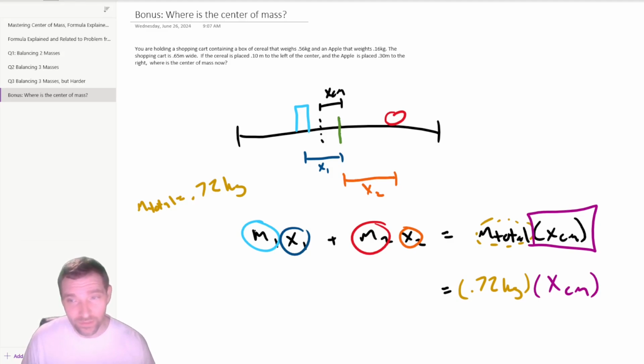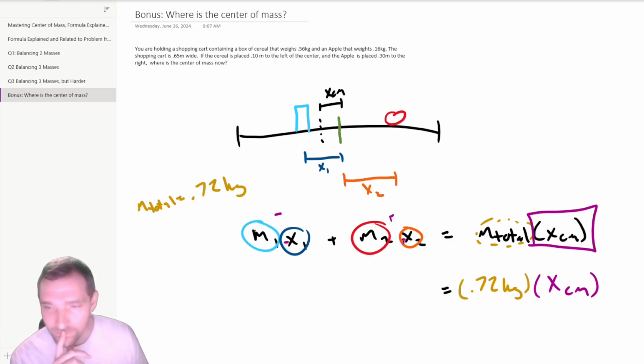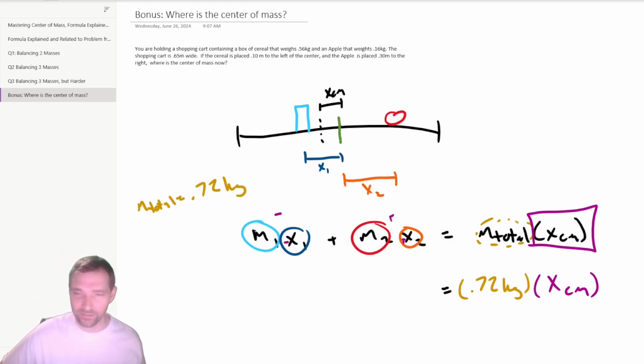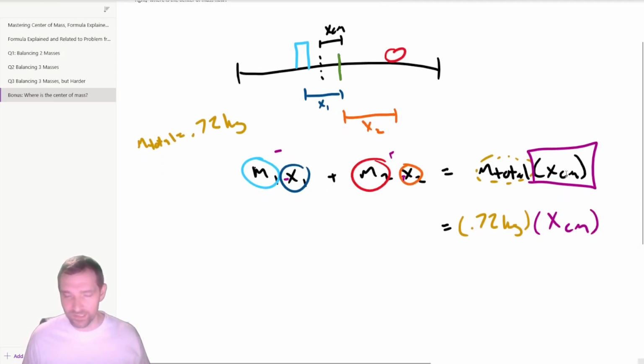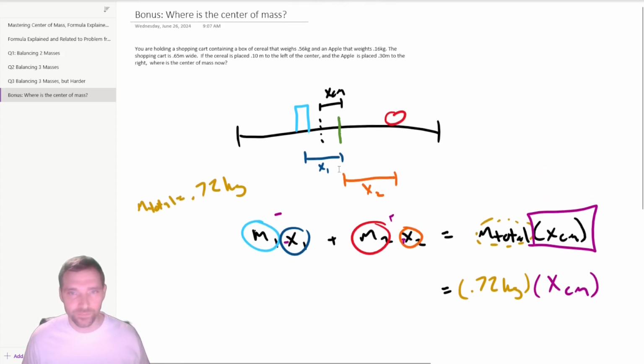It is important to note, though, that there is some direction to these things. So in this context, we had said this was going to the left, this is going to the right. So these things will have positive and negative values that aren't going to perfectly cancel out because we're not at the center of the cart anymore. So this displacement should, I think, end up being negative because the negative is a bigger value.